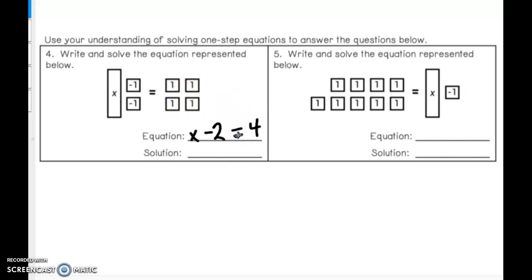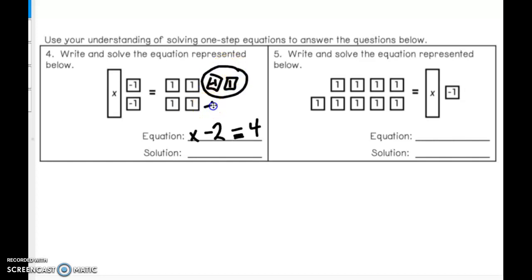Okay? So we can't get rid of those the same way. To zero something out, we know that 1 and negative 1 equals 0. So I'm going to add a negative 1 and a 1, and that's the same as a 0, right?